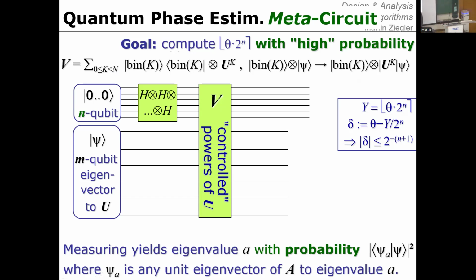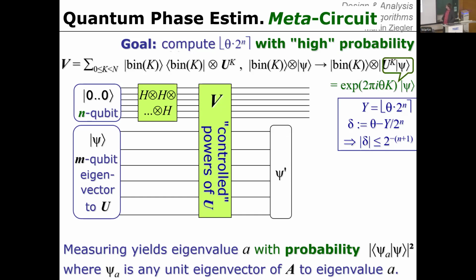So that in order to construct this V, we need to have copies of U, one copy of U, one copy of U squared, which is U times U, one copy of U cubed, U times U times U, and so on up to K. And that's exponentially many copies, right? First, remember, K ranges up to capital N, and N, that's 2 to the small n, exponentially.